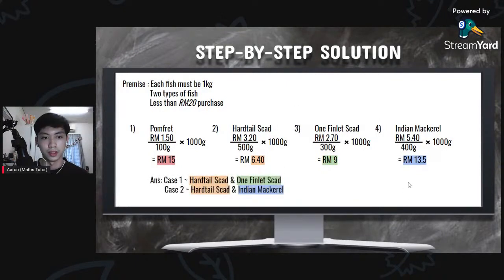So you find. If I use the pomfret fish, you add this one, 6.4 ringgit, definitely it will exceed 20. 15 plus 6.4 will exceed. 15 plus 9 will exceed. 15 plus this one also exceeds.